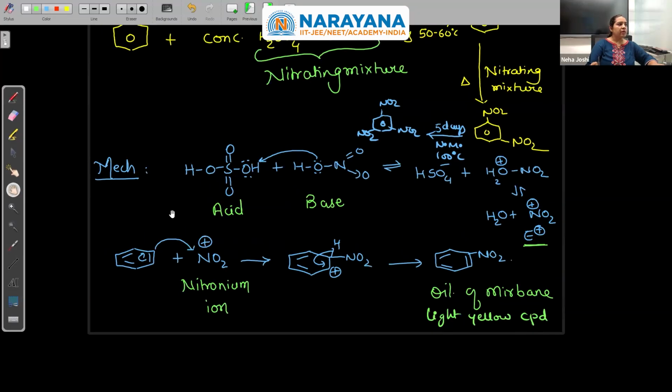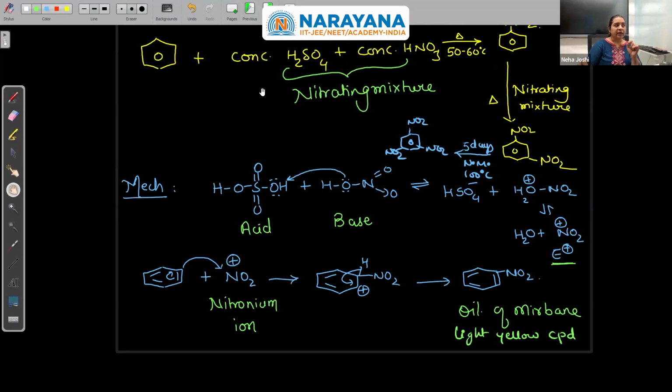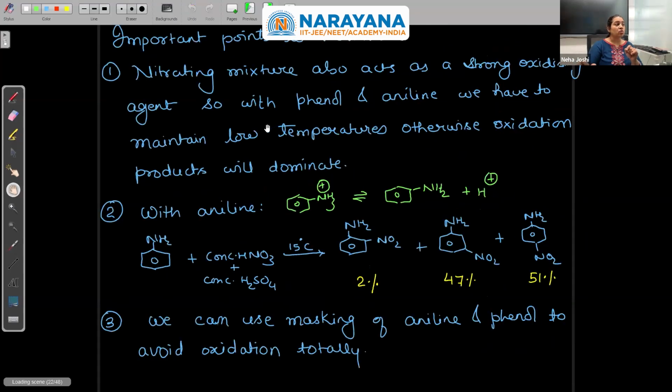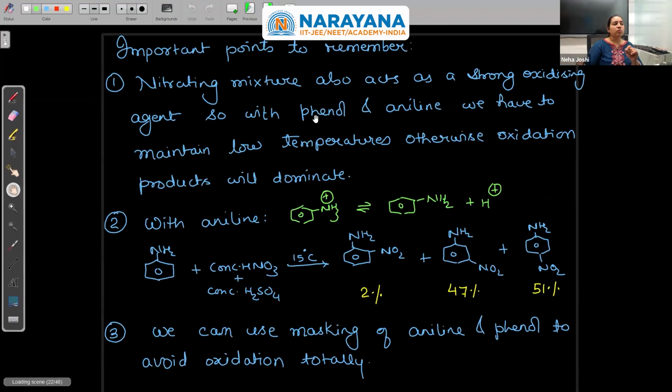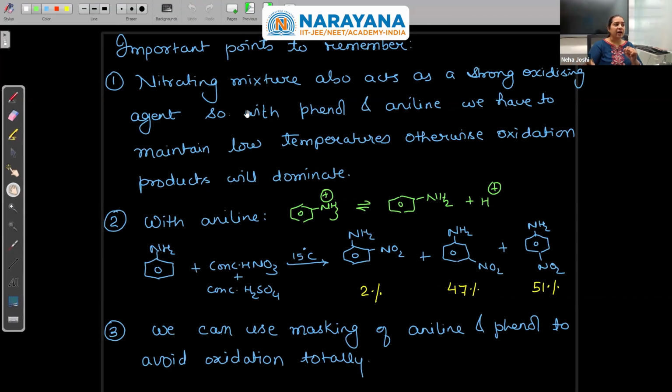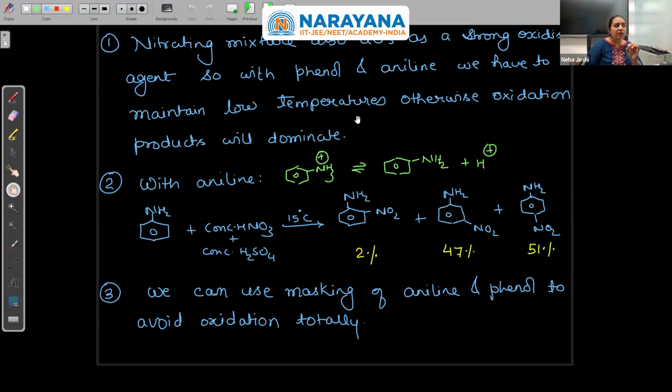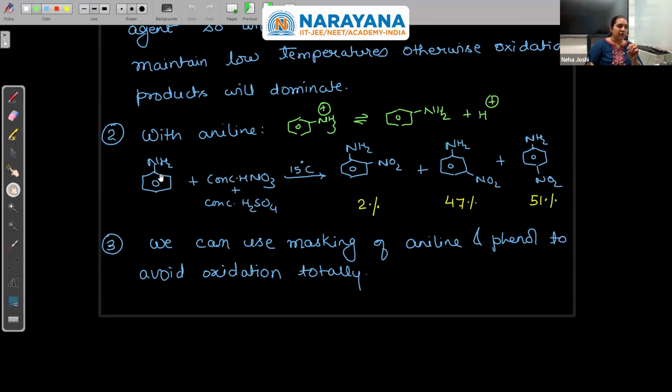Important points to remember: nitrating mixture also acts as a strong oxidizing agent. So with phenol and aniline, we have to maintain very low temperature, otherwise oxidation products will dominate. Please remember this, very, very important.